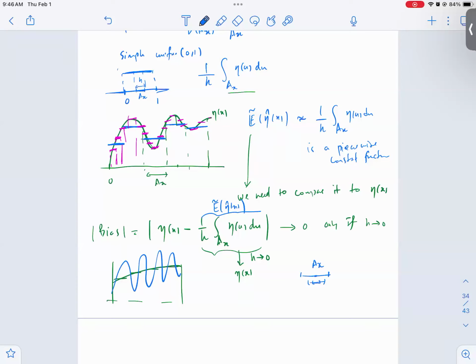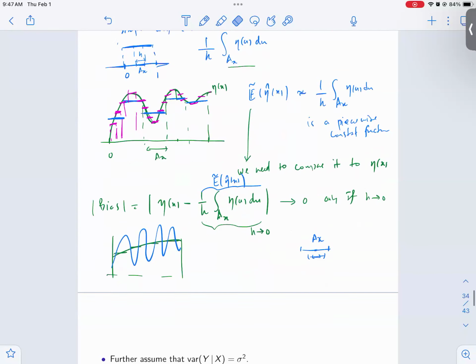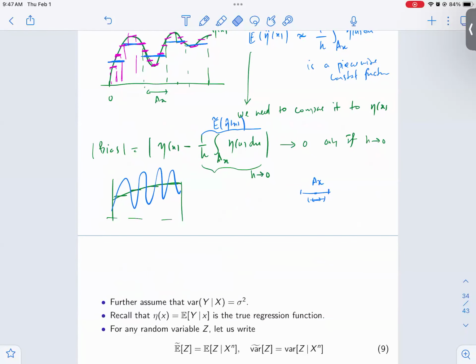So in order for me to make the bias go to zero, I have to make h go to zero. We can do a little bit more: you can find the order of how fast this goes to zero if you assume something about, let's say, the complexity of eta. Intuitively, for function approximation, you think of functions that are smooth as less complex.